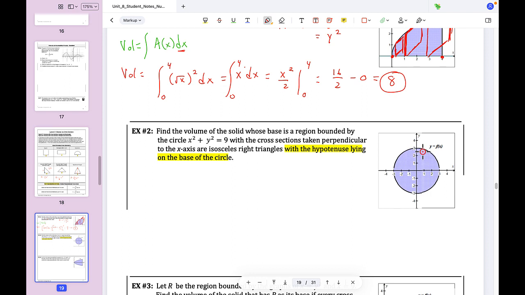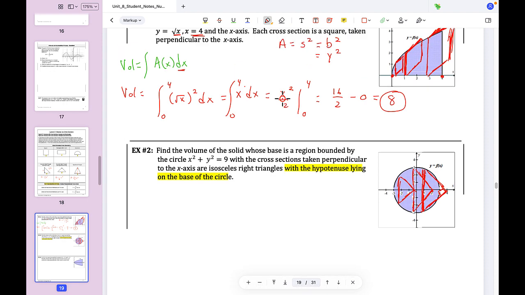Okay, so we've got that triangle right there. That's the hypotenuse. And we're going to have infinitely many of these going through the circle. Okay, and here's my right angle.